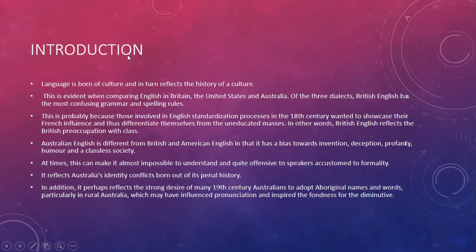Also, Australians as such have identity conflicts because they can't say for sure about their origins, whether they are born from criminals or from the native people of Australia. They are called aborigines. So there is this confusion, and we can actually see this confusion in Australian English too.